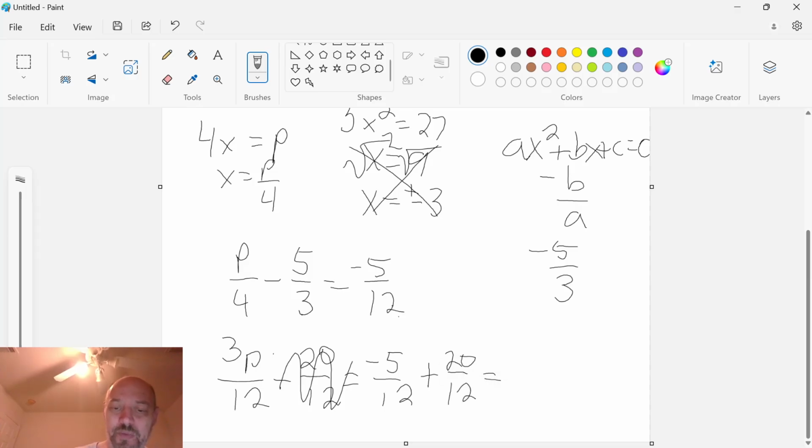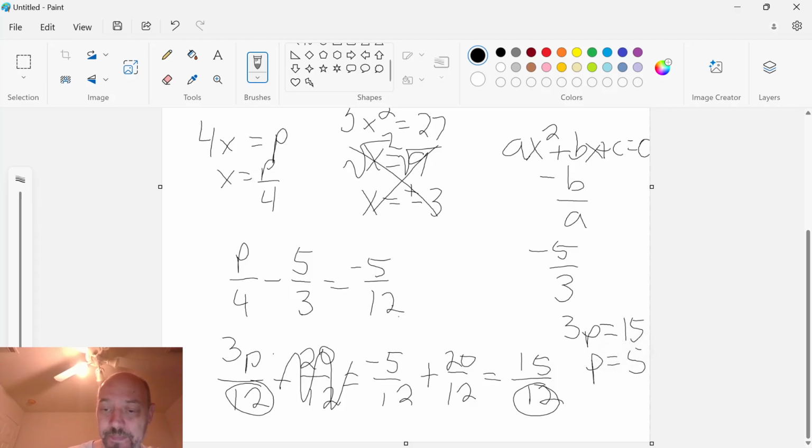Negative 5 plus 20 is 15/12. You can simplify it, but check this out. 12 in the denominator, 12 in the denominator, that means the numerators are equal. 3p equals 15. p equals 5. So there's the answer. p is equal to 5.